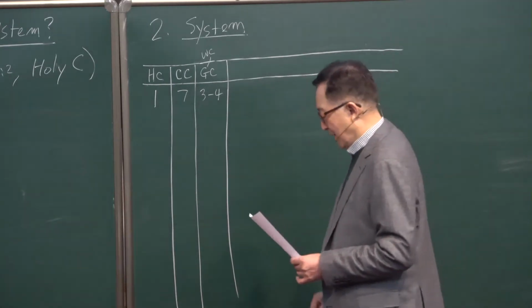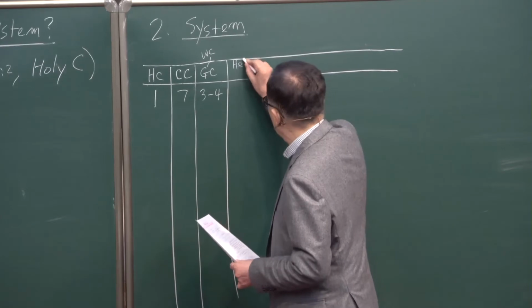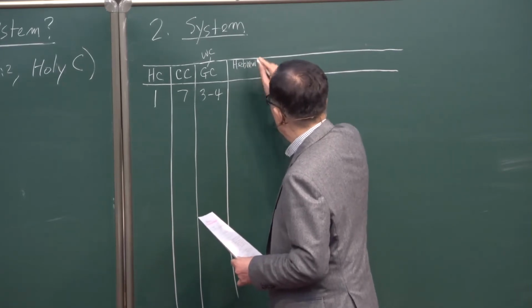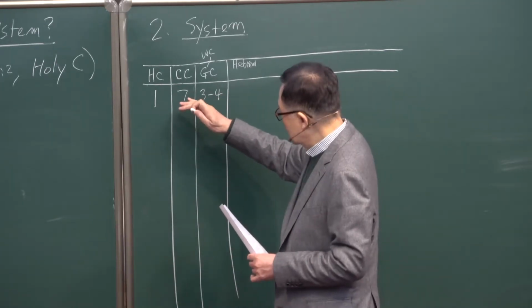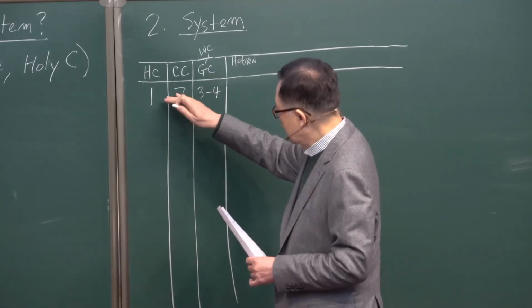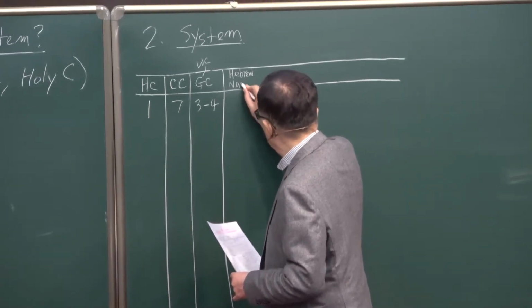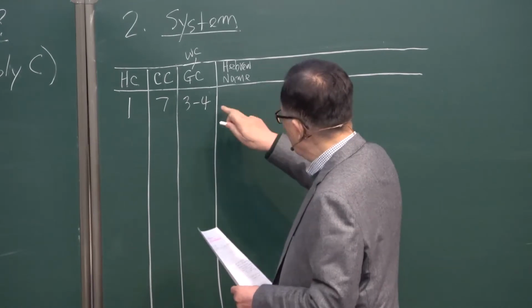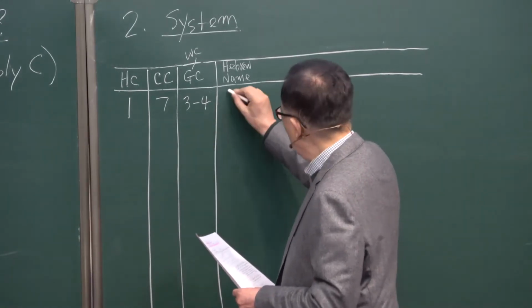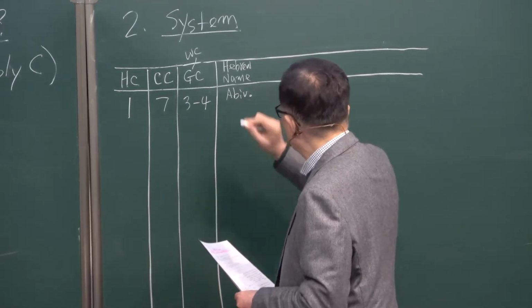Okay? Now, in Hebrew, people always have names for the particular months, Hebrew names. This particular month they call Abib. You heard that.